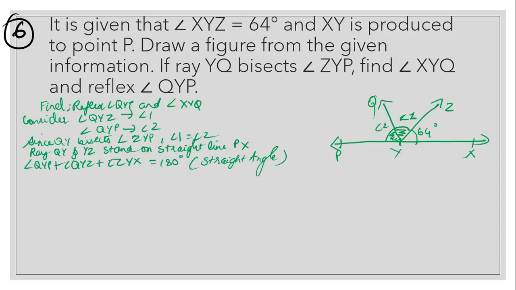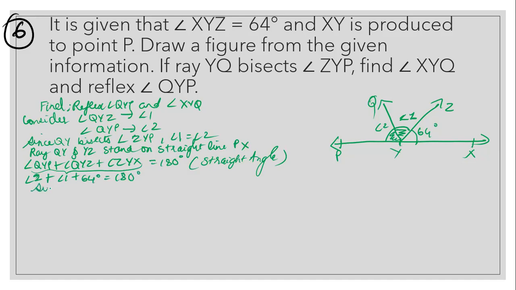Now that we have got that it is a straight angle, substitute all these angle names with the respective angles. Angle QYP is angle 2, correct? Angle 2 plus QYZ is angle 1 plus ZYX is 64 degrees, right? Which is equal to 180 degrees.